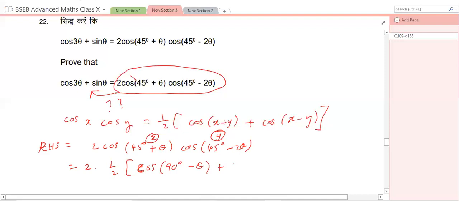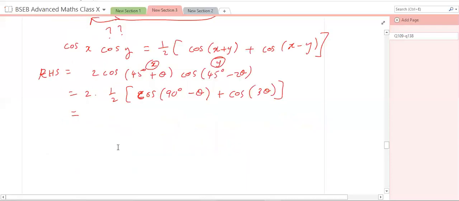Now we're going to subtract. Cos 45 minus 45 is 0. Theta minus 2 theta, minus 2 theta is 3 theta. And this here simplifies to, we can see 2 times half cancels out. So you're left with cos 3 theta.